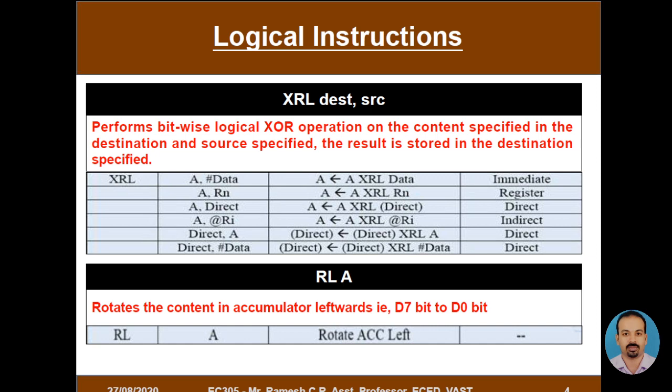So the first four cover the four different addressing modes, and we have the last two variants of XRL, that is exclusive OR operation, where the resultant is stored in the direct memory instead of the accumulator. Those two instructions follow the direct addressing mode.